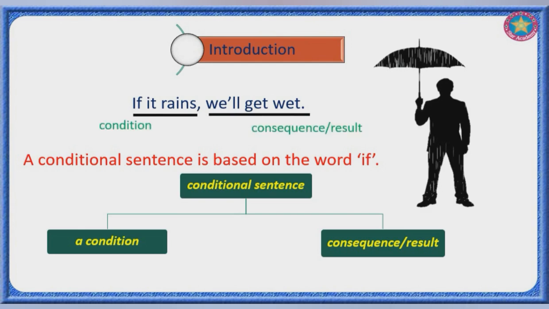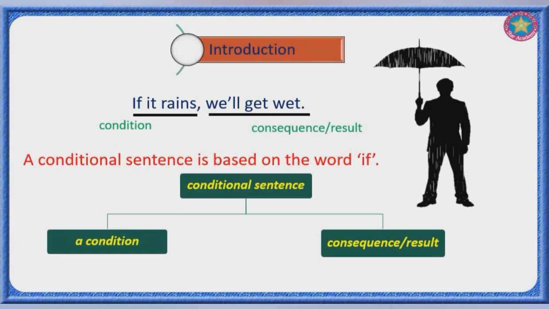Now you can see the example. If it rains, we will get wet. As I've told you, a conditional sentence is based on the word if, and the conditional sentence has two parts. First one is a condition and the second part is the result.